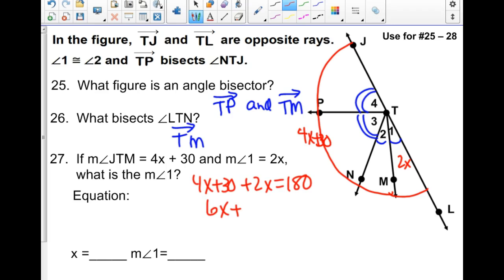That gives me 6x plus 30 is 180. If I subtract 30, I get 6 times x is 150. And then I need to divide by 6. That would be 45.